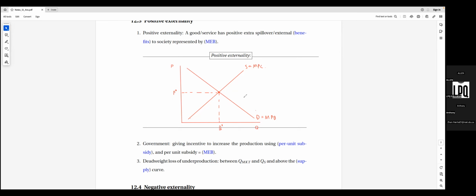Now we build the government behavior. We add government behavior into this model. As a basic government, what you want to do is encourage people, like two years ago, to increase the vaccination rate, to get more and more people vaccinated.